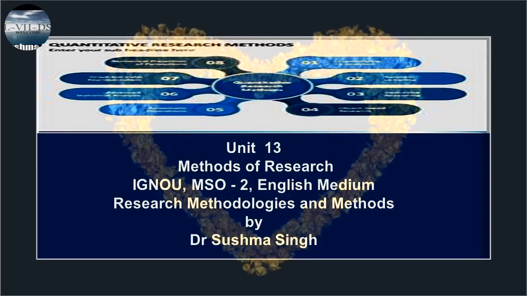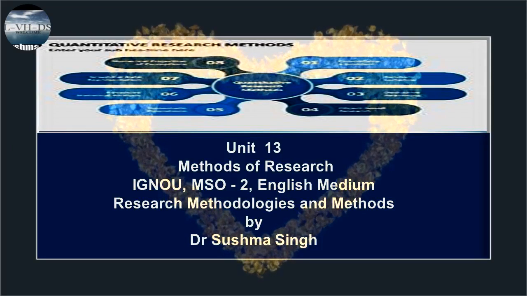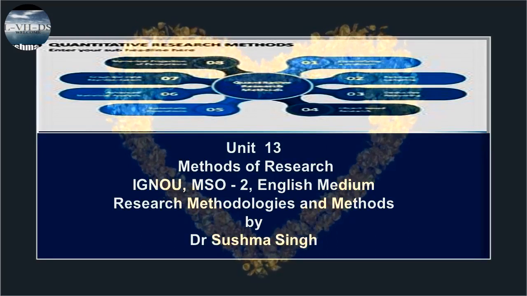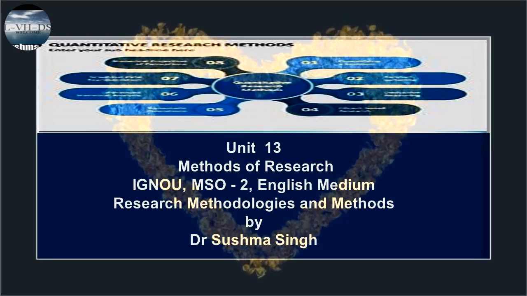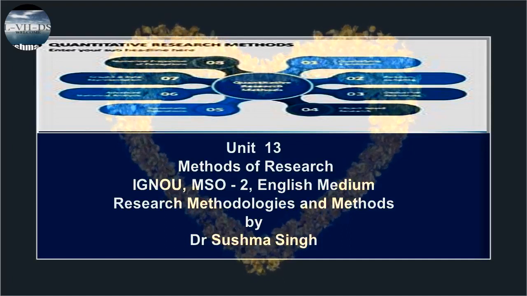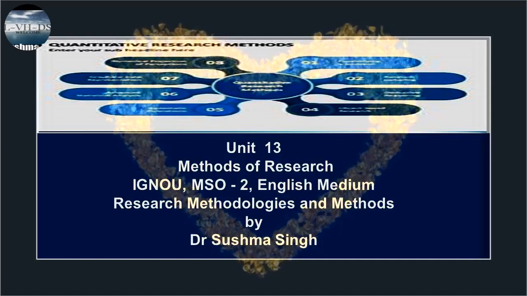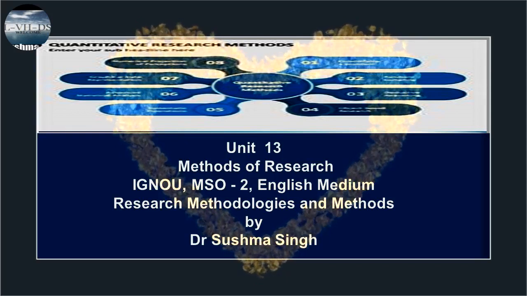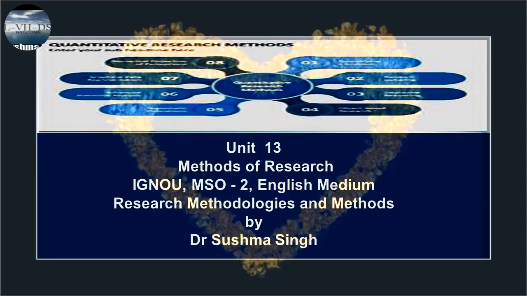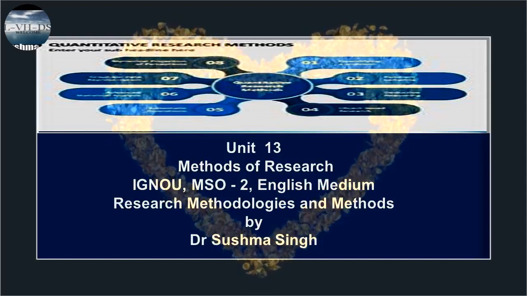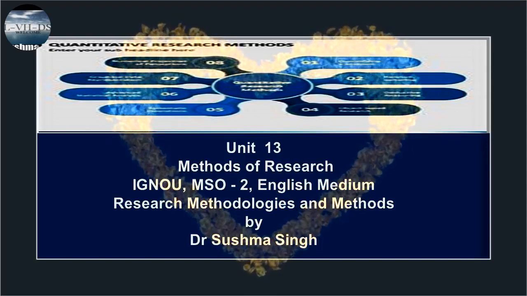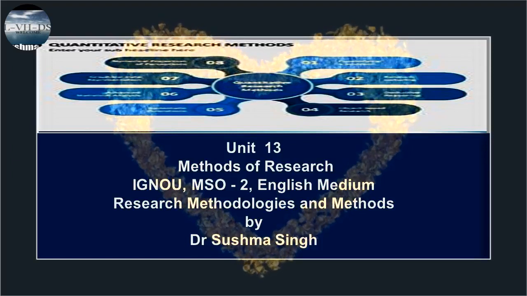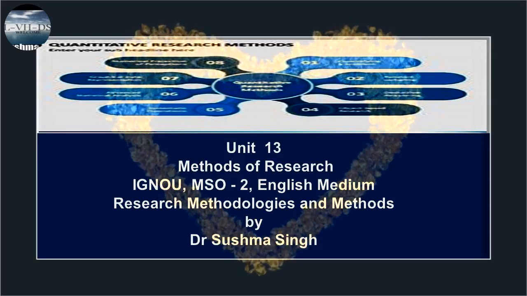There are some common ways of carrying out one's research, and this unit is going to talk about such methods. It will also describe the various steps in the research process. The unit will also once again clarify the difference between the methodology and method and explain the subtle relationship between the two terms.